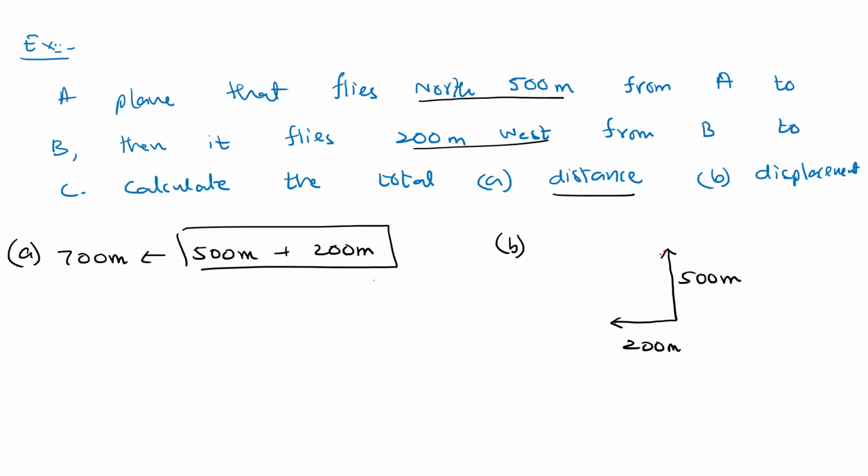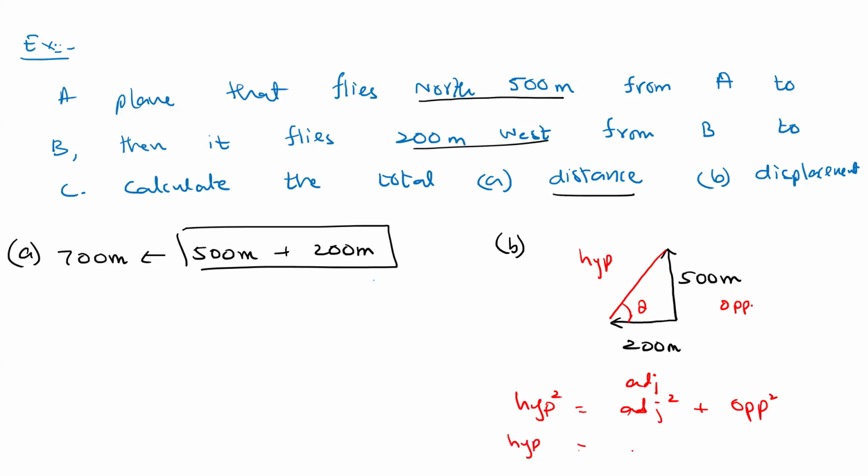I can just treat it as a right angle triangle and figure out the hypotenuse. If that's the angle I'm working for, this becomes adjacent and this becomes opposite. So which theorem can I use? Pythagoras theorem.